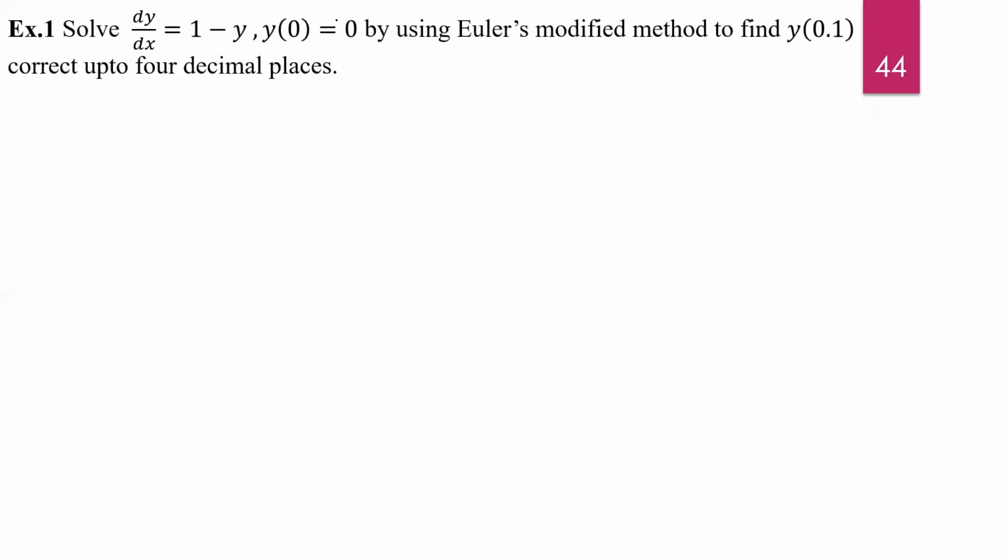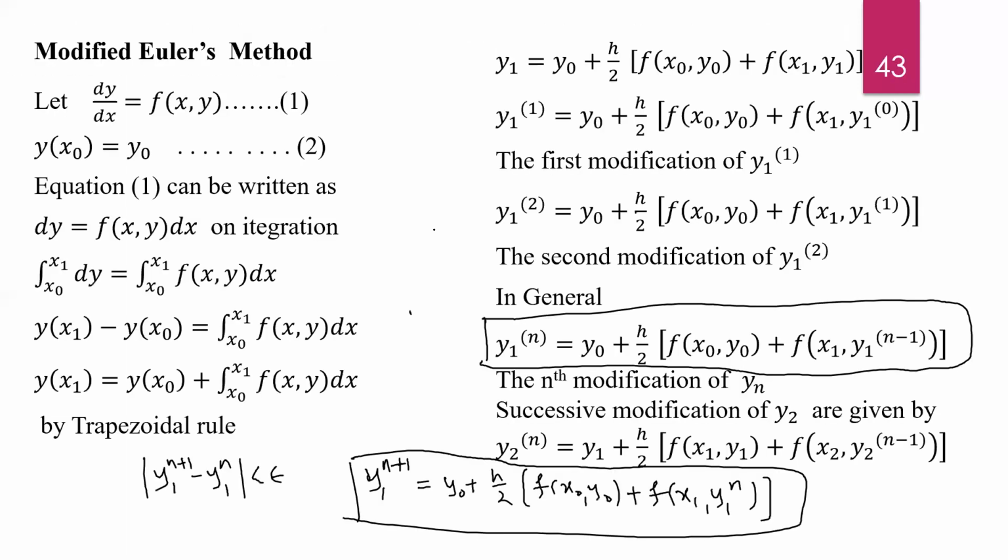Solve the initial value problem dy by dx is equal to 1 minus y, y at 0 is 0, using Euler's modified method to find y at 0.1 correct up to 4 decimal places. Now here see the requirement of the formula, you can consider this one or this one.